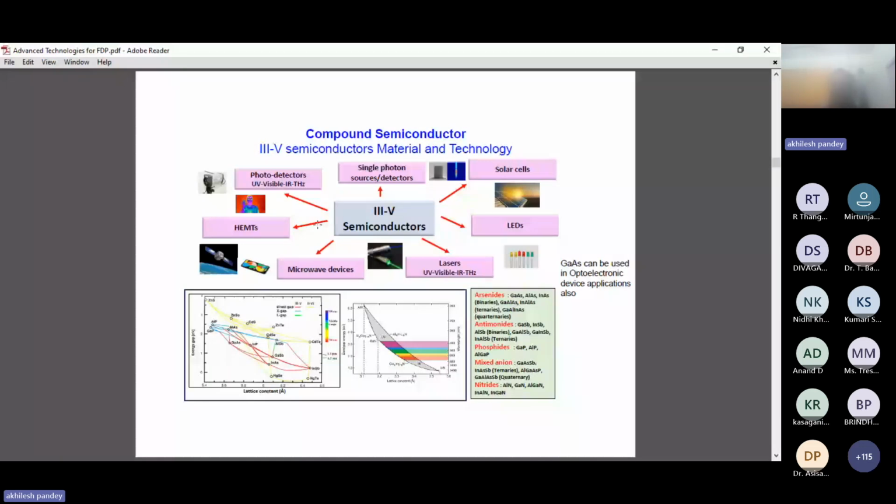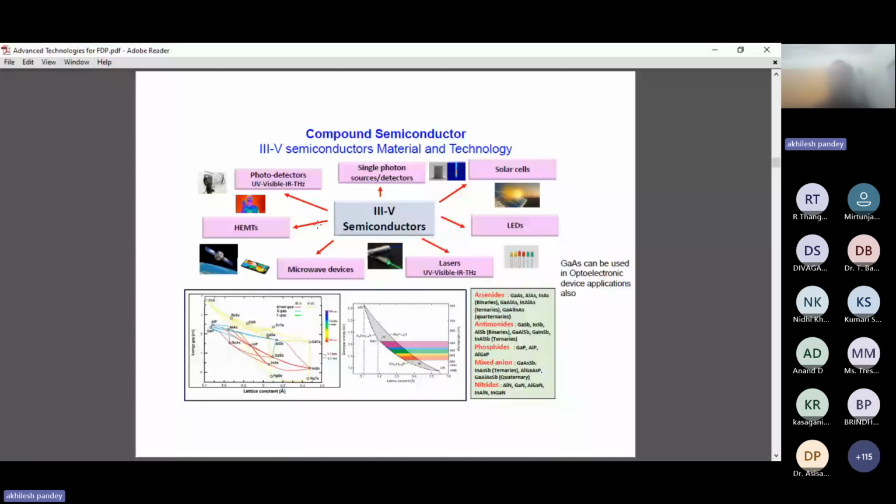In solar cells, 3-5 semiconductors are widely used, because for space application based solar cells, it's indium gallium phosphide, aluminum indium phosphide, indium gallium arsenide, and germanium. These triple junction or multi junction solar cells are widely used to enhance the efficiency, because if you take three or more solar cells and stack them, when the light falls, they will absorb all the radiation from UV to IR.